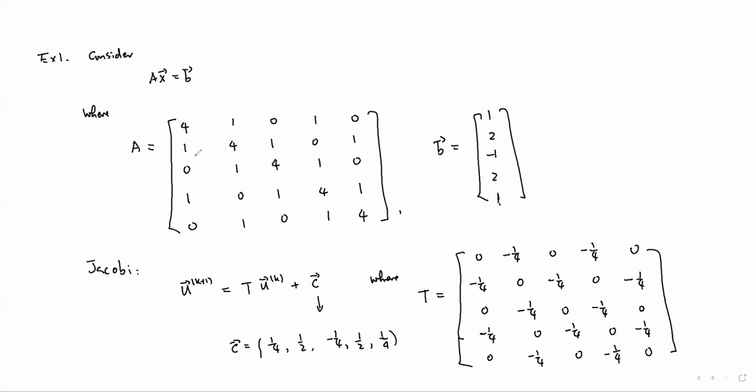This matrix A, easy to see, is strictly diagonally dominant, because take a look, a_11 is greater than the sum of the absolute values of the remaining entries on row 1. Row 2, 4 is on the diagonal line, 4 is greater than the absolute sum of the other entries.